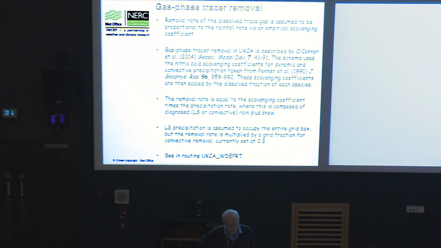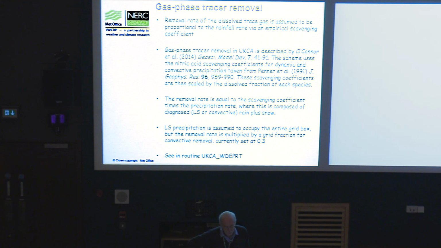So removal rate of the dissolved trace gas is assumed proportional to the rainfall rate via an empirical scavenging coefficient. Fiona O'Connor described that tracer removal in her paper, which uses nitric acid scavenging coefficients for dynamic and convective precipitation from Penner's work, and then scales that by the dissolved fraction of each species.